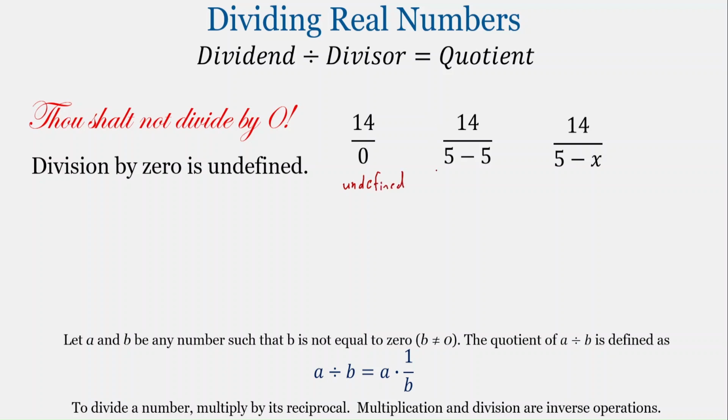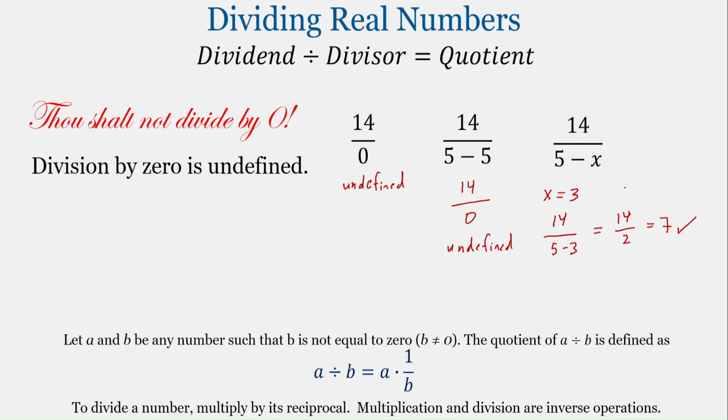And if we have an expression that simplifies down, and when it simplifies down, there's a 0 in the denominator, again, this is undefined. Now let's look at this algebraic expression. If x is equal to 3, we would have 14 all over 5 minus 3, and that's 14 all over 2, which is equal to 7.